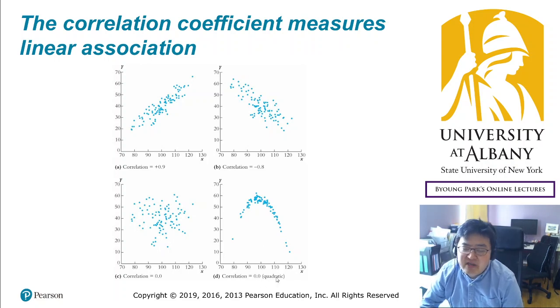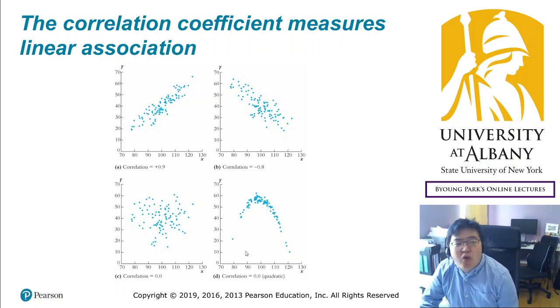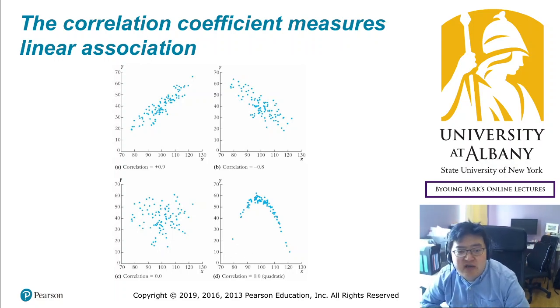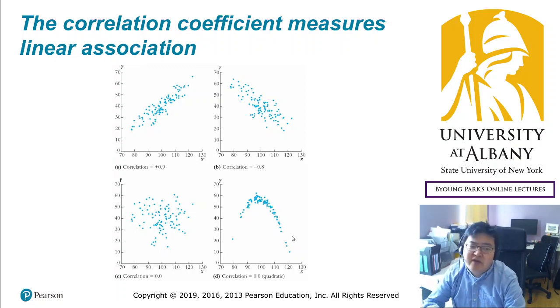So it's like a quadratic function. The problem here is that the correlation coefficient and the covariance cannot handle nonlinear patterns. So slope increases and then becomes slower and then flat and drops quickly. This kind of nonlinear pattern is not captured by the correlation or covariance.